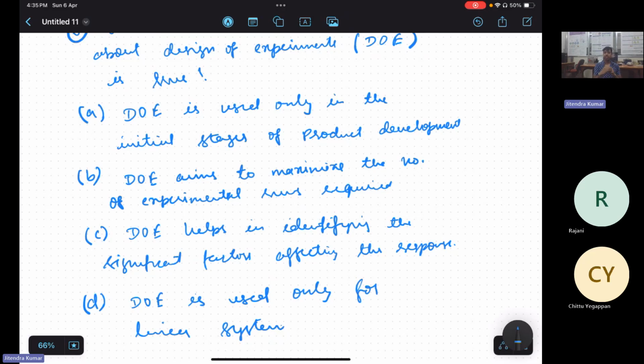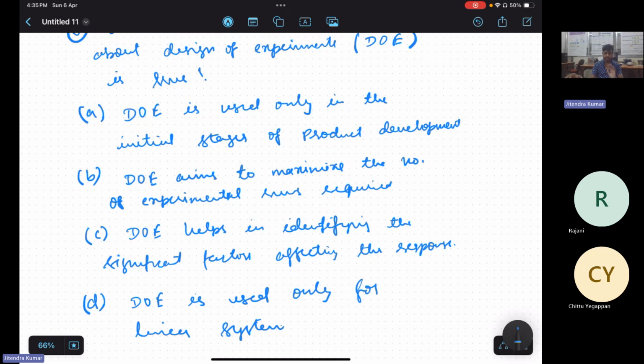So you are minimizing the total experimental runs. That is the primary objective of this DOE. If you have any doubt, feel free to stop me in between and we can discuss that.